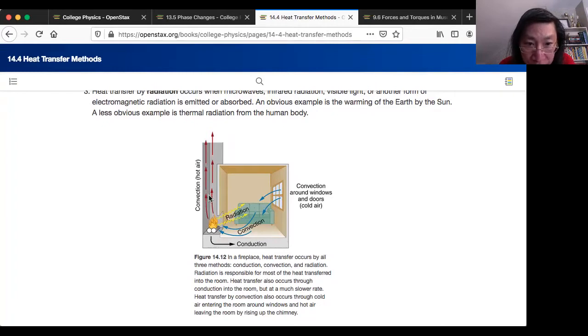What about convection? In this case, it's mentioned as hot air convection or cold air coming in this way. But basically, if you have a fluid, whether it's a compressible fluid like hot air or gas of some kind, or an incompressible fluid like water or blood, and you move that fluid from one place to another, the heat that fluid contains goes from an area of higher temperature to an area of lower temperature.